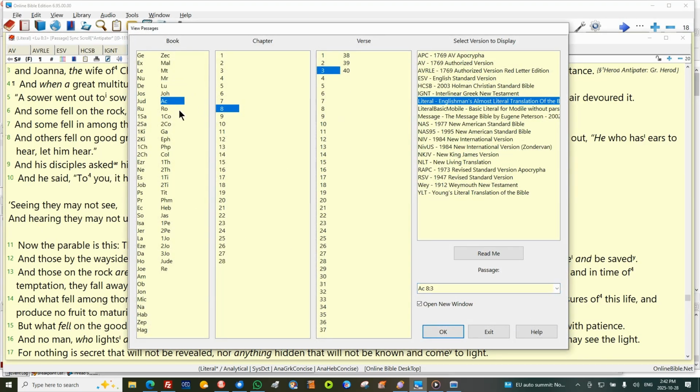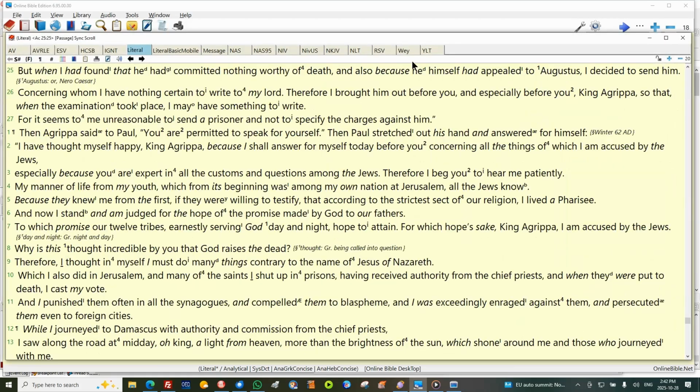Let's take a look at Acts 25, verse 25. And he appealed to Augustus, that is, to Nero Caesar, right? Because Augustus has been dead for about 55 years. And if you take a look at some of the Caesars, let's see.